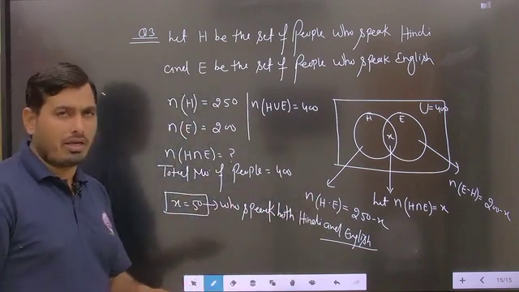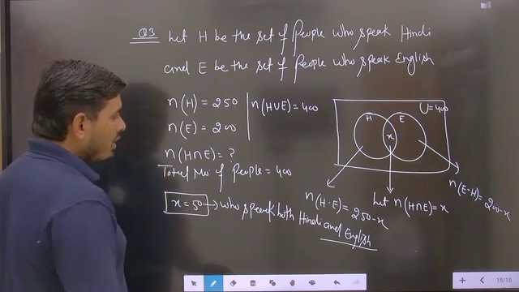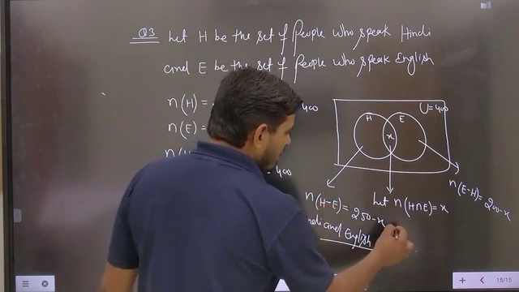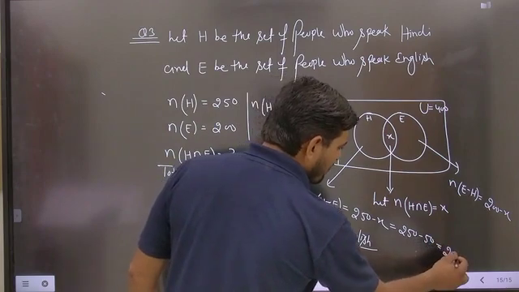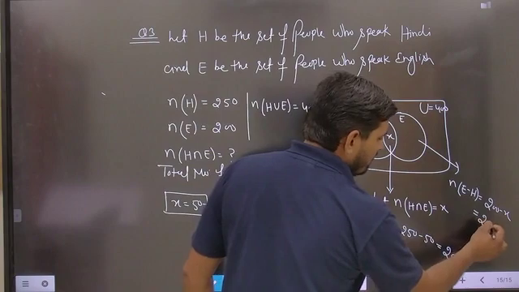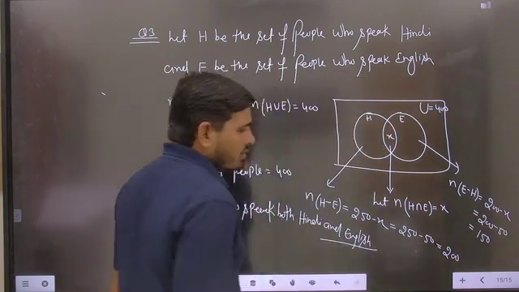Now student, in this question we only have to find the number of people who speak both Hindi and English, so the answer will be 50. Suppose we need H minus E, then it will be 250 minus 50, so the answer is 200. And suppose we need E minus H, then it will be 200 minus 50, that is 150. Is it clear?